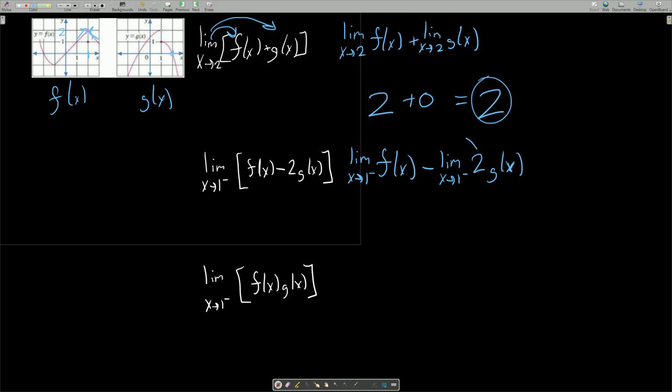Now what we do here is you take the 2, and you move it outside the limit. So now we have the limit, here's 1. And now you can evaluate these limits here. So the limit of f of x as x approaches 1 from the left, let me erase this first. It would be, as you can see right here, it's 1.